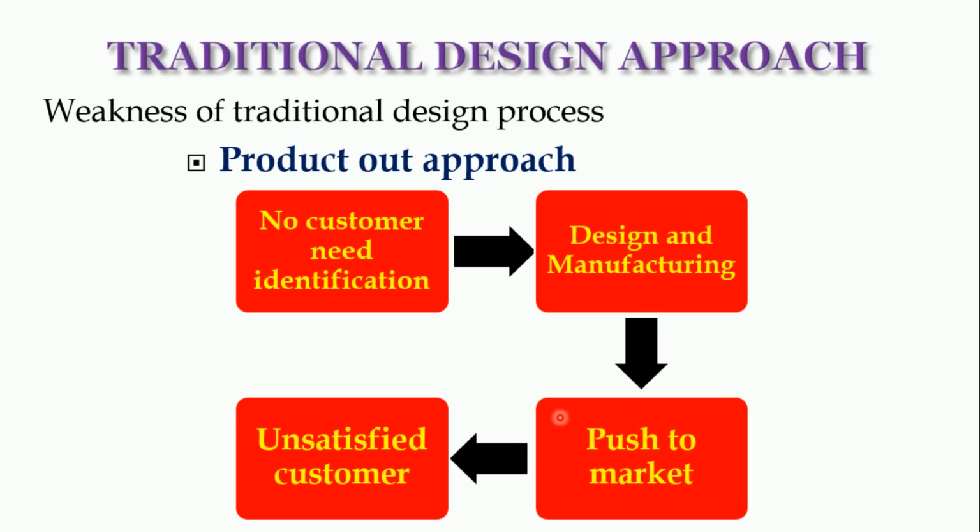The sales people directly push them to the customer, and that's why the customer is unsatisfied. Most probably customers get unsatisfied with the given component, because the customer's needs are not included in the product. That's why this is called the product-out approach. In the traditional way we can go for design in this way.